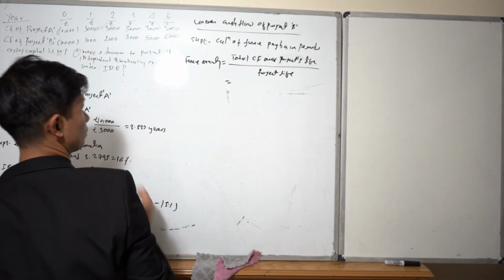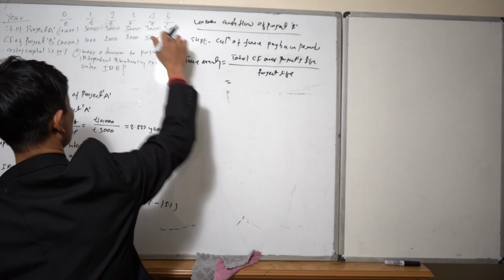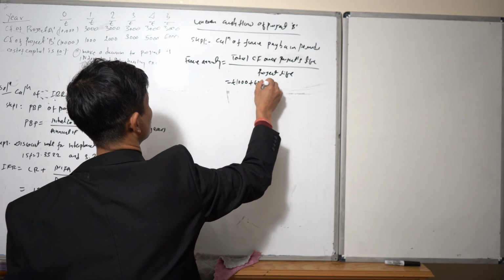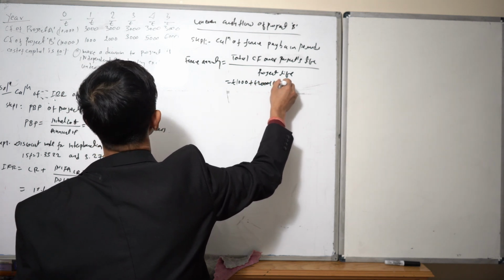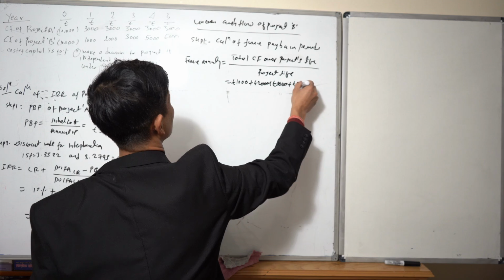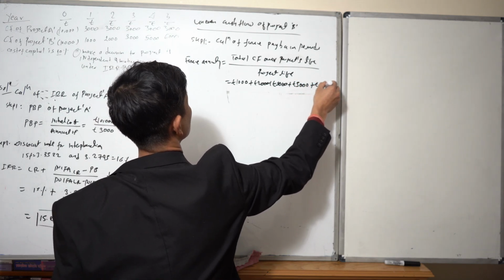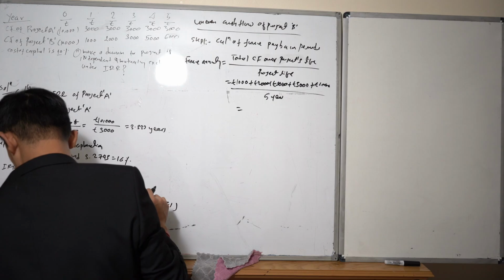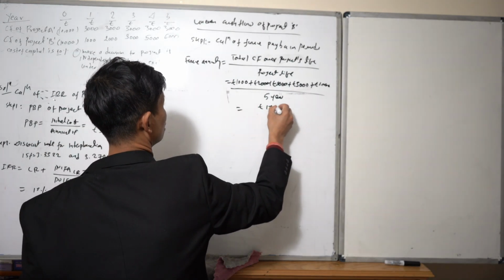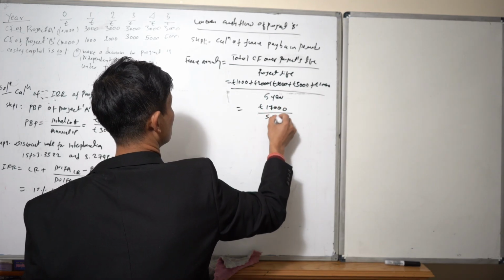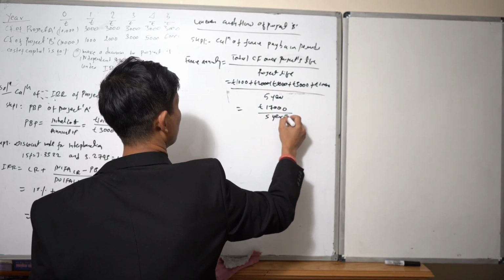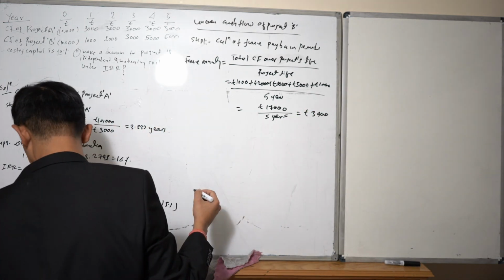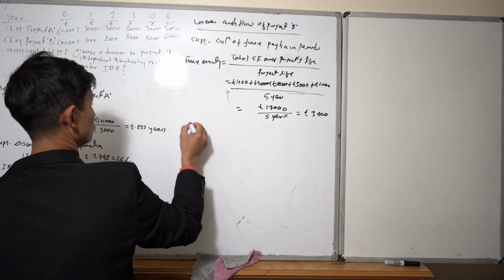So that means total cash flow over project life: let's simply add up all of this. 1,000 pound plus 2,000 pound plus 3,000 pound plus 5,000 pound plus 6,000 pound, and the project life we know is 5 years. That gives 17,000, and number of years 5 years. In this way we get 3,400 per year.